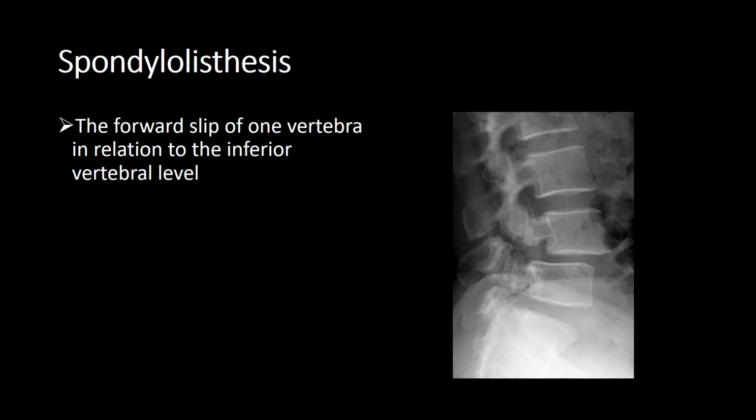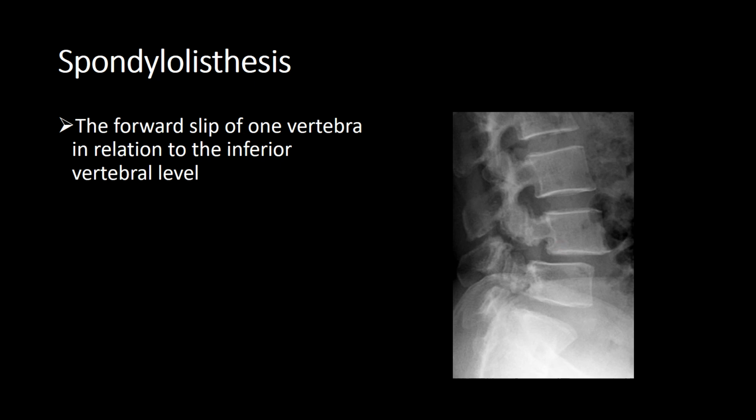So a spondylolisthesis, as we've discussed with our cervical spine, is the forward slip of one vertebra in relation to the inferior vertebral level. Now in this case, this patient has got a marked pars defect. Because there's a fracture through here, this means that our vertebra has become unstable and it's slipped forward.